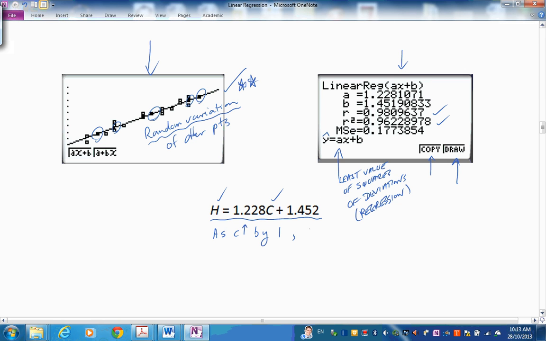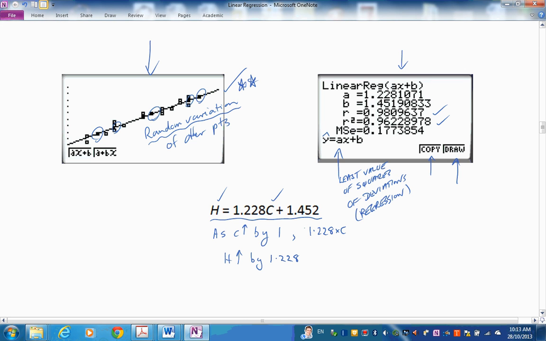We've got 1.228 times C. So that means H will increase by 1.228. In any of this modelling, it's important to be able to say that.